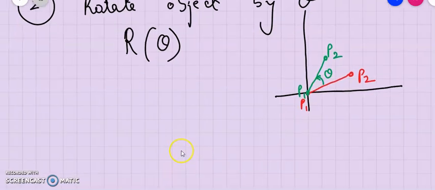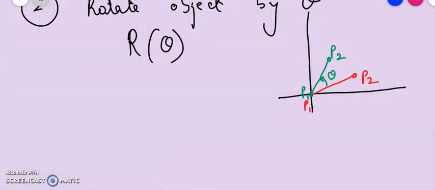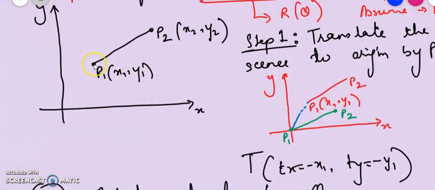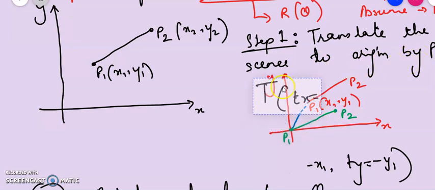Now step number 3. What happens in step number 3 is, I started from a location of P1 as x1, y1. This is my initial position. I translated it because I wanted to perform rotation on it, right? And now I need to put P1 back to its original position. That means I need to retranslate the whole scene to its original position.